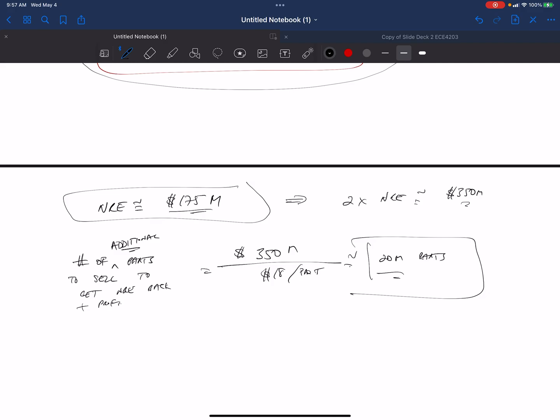And from here, together, we're going to have to come up with a story about what will be enticing in your new design to sell 20 million additional parts. First of all is the market for your part. Is it big enough to sell 20 million parts? 20 million parts is a lot.